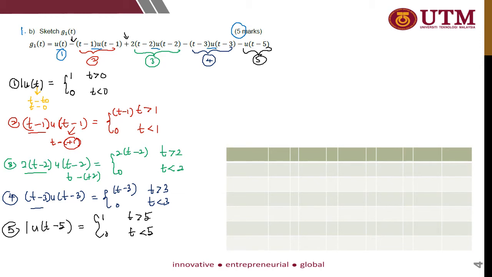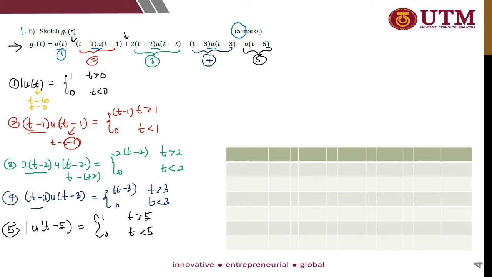Once you have all these ranges, you need to perform the summation between the components considering the range of t. The range of t will increase from the first step up to the final step. So let's look at the main equation again.